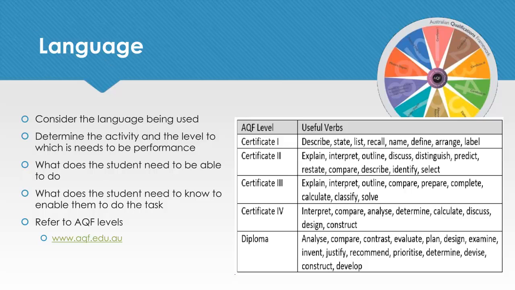These can range from simple recall of information to complex analysis of information, and you will get the clues from the language that is used in the unit of competency. For example, higher AQF level qualifications will ask the learners to design, evaluate, analyse or synthesise. Lower AQF levels may ask the learner to describe, list, state or select.